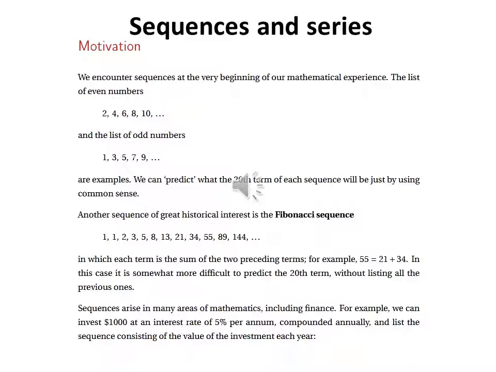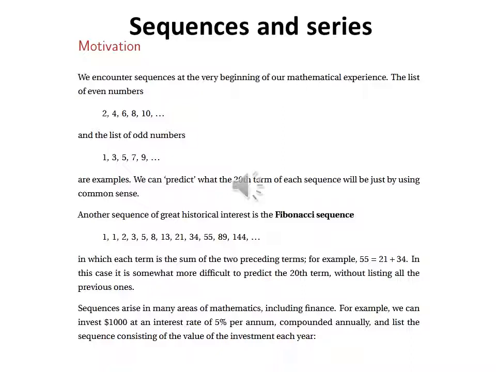We encounter sequences at the very beginning of our mathematical experience. The list of even numbers, as we know, 2, 4, 6, 8, 10 and so on. And the list of odd numbers 1, 3, 5, 7, 9, there is no problem. But we must know that the sequence is written down in a specific order.